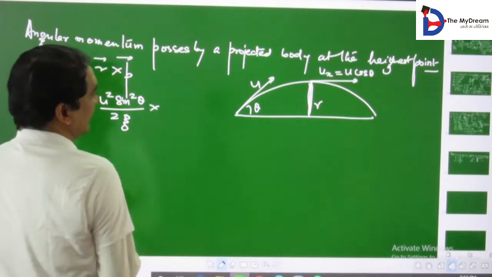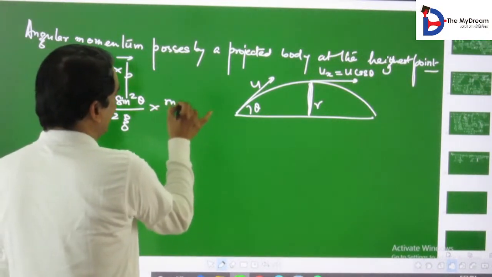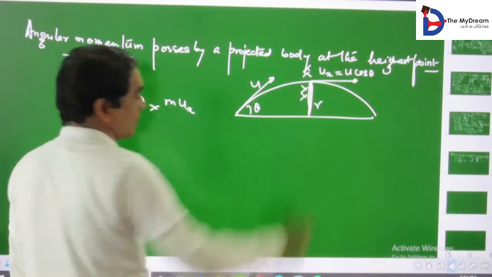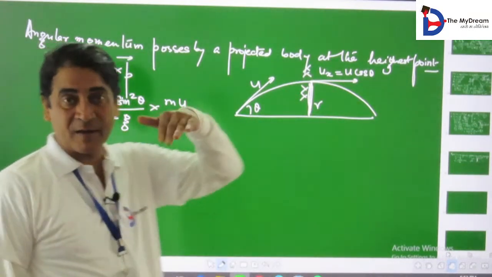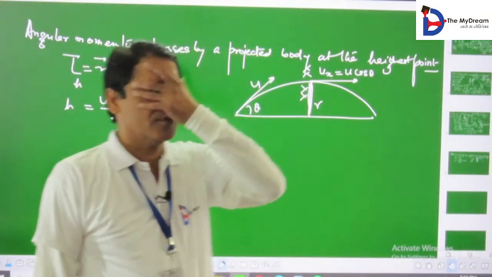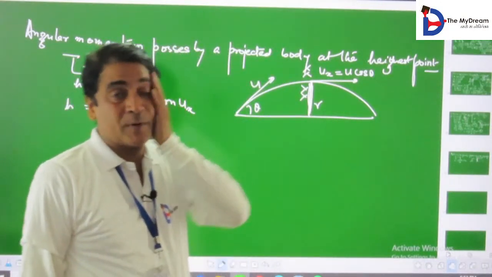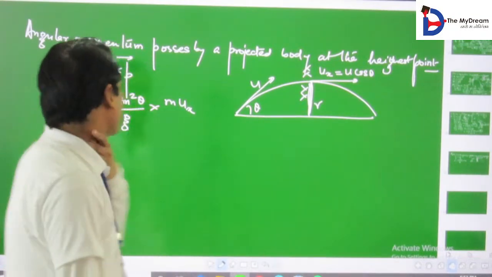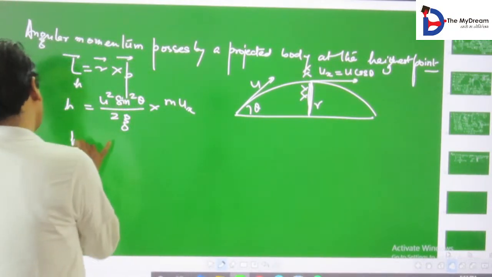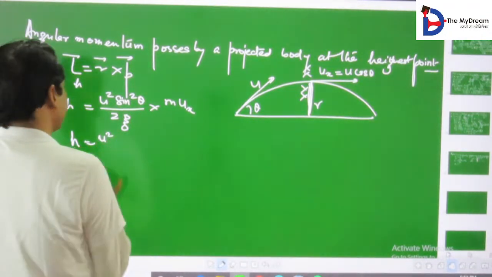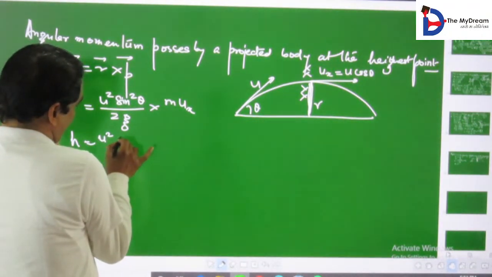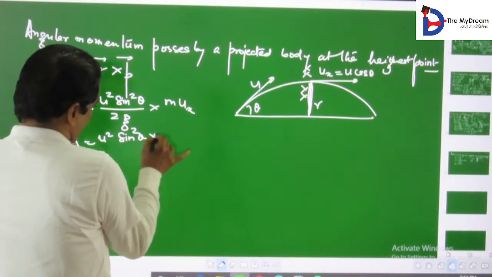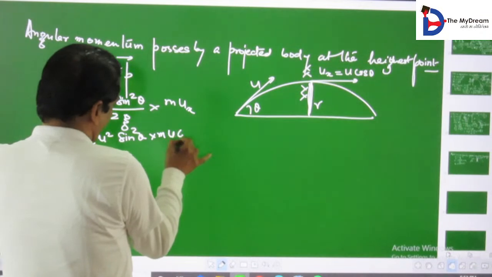What is the momentum at the highest point? m into u cos theta, because the vertical velocity is not there. There is no velocity either in the vertical component, either in upward or the downward. So h is equal to u square sin square theta by 2g, and u cos theta.